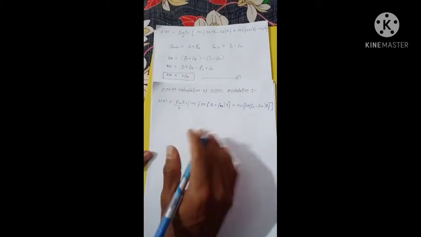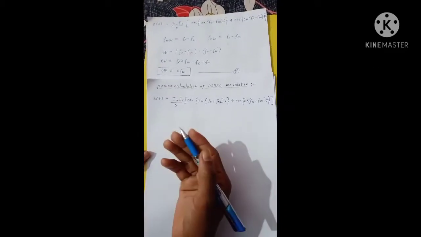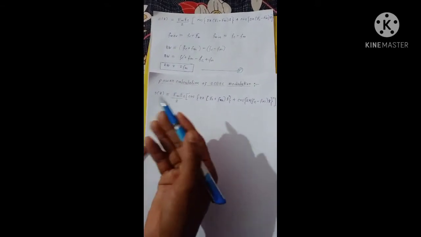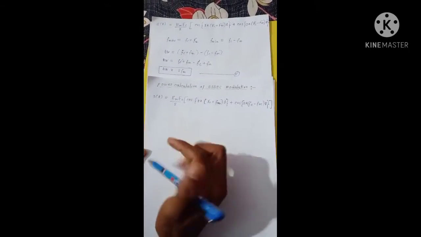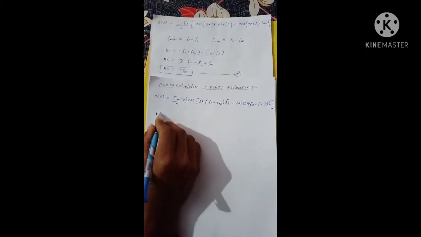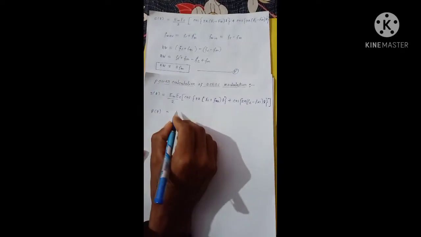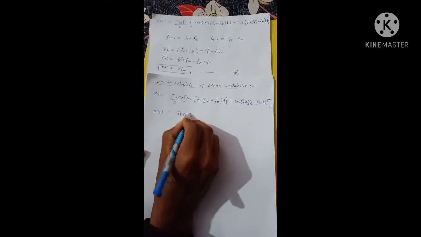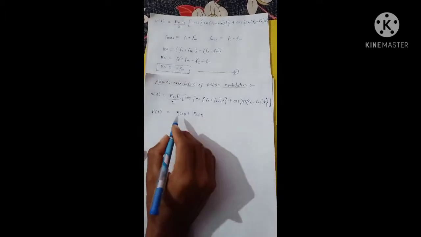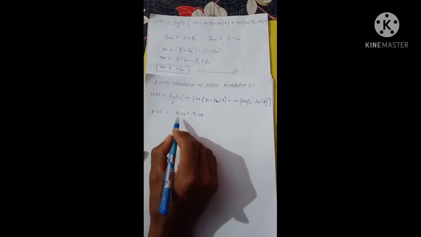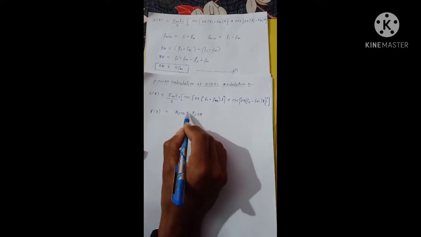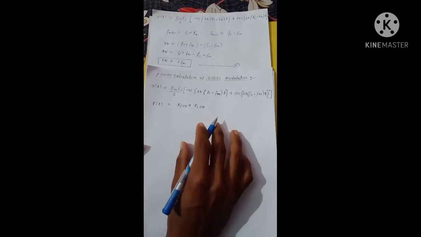So now the power of the DSBSC wave is equal to the sum of the power of the lower sideband and upper sideband. So the power of the DSBSC modulated wave is PT is equal to PUSB plus PLSB. This PUSB is the power of the upper sideband and this PLSB is the power of the lower sideband.